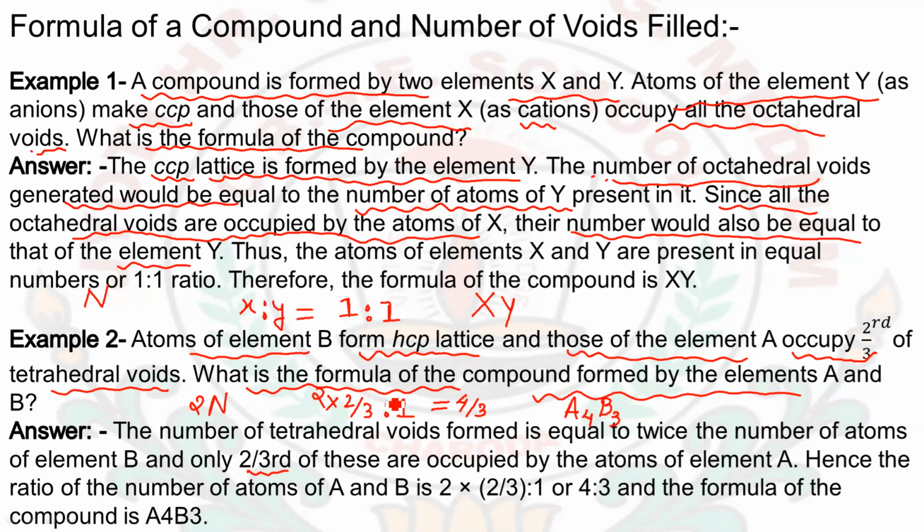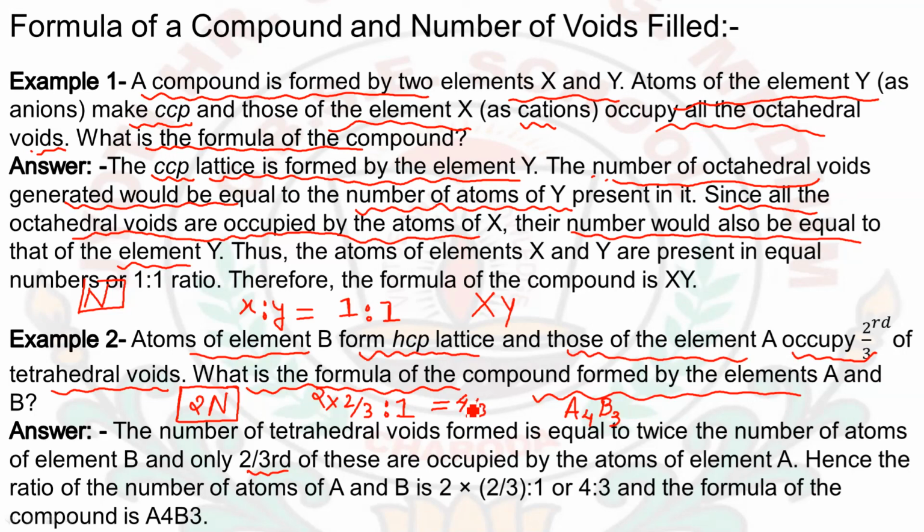Is it clear that for octahedral voids, the number of atoms is equal to the number of octahedral voids, while for tetrahedral voids, the number of voids is double the number of atoms? Here I am multiplying the number of voids occupied, divided by 1, and it gives the ratio 4/3.